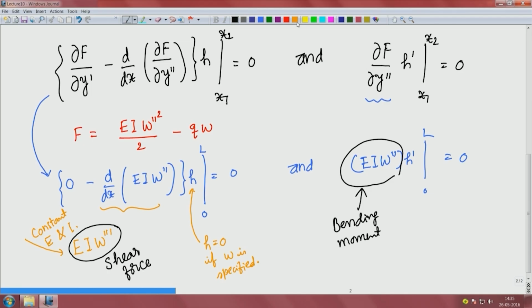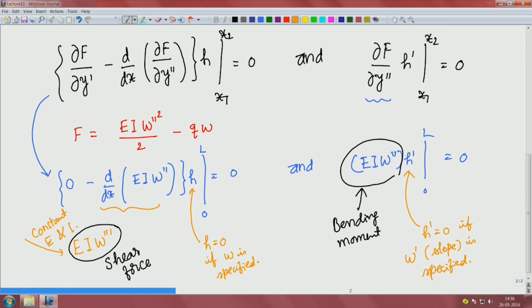Okay. So, if you look at this h prime, this h prime is equal to 0 if w prime, that is the slope of the beam, is specified. So, you can see the connection between the boundary conditions which are essential, that is h or h prime being specified means that w or w prime are specified, they are essential boundary conditions or Dirichlet boundary conditions.